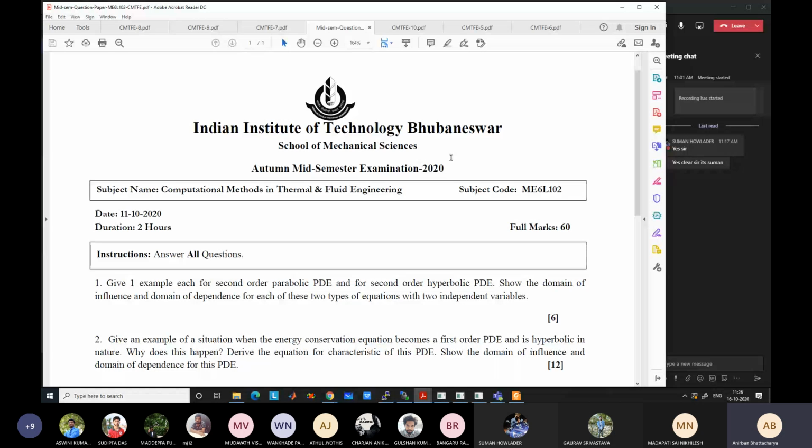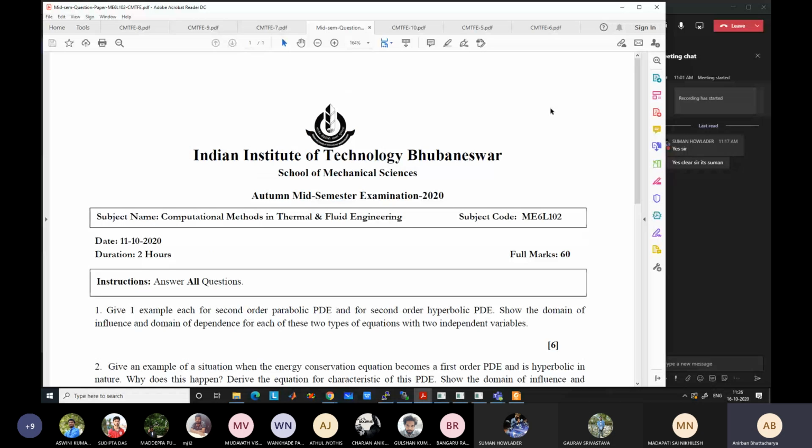The concept is very simple, and that's why it is very advantageous to use the finite difference approach even for very complicated physics, where there are multiple terms and the terms are quite complex. Because you know how to tackle each term quickly, you can get a finite difference approximation for the complex equation also.